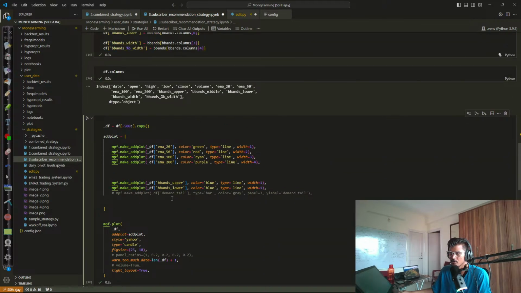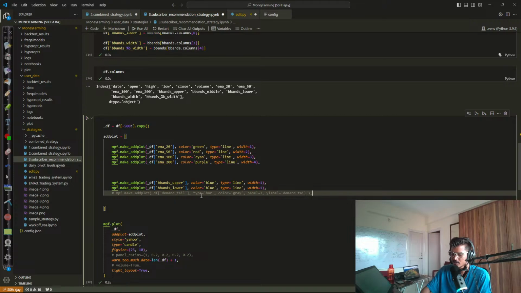Okay, how do we do that? So it's like this, just gonna be Bollinger bands width. I mean, I'm gonna go with percentage width. Type is bar. Let's keep it the line, line color gray, panel 2, or panel 1. What I'm gonna do is this is percentage B width, Bollinger bands.